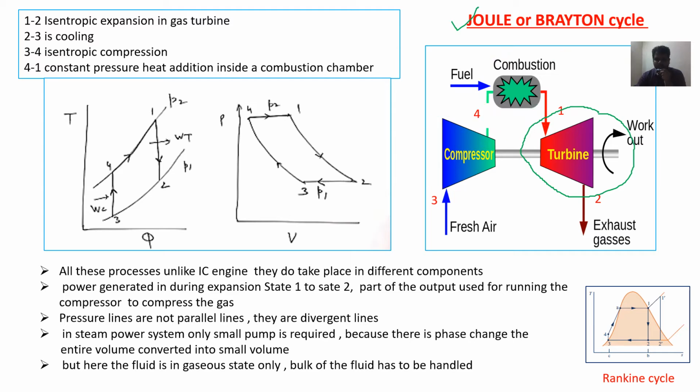As you can see here, the fresh air enters into the compressor. In the compressor, the air gets compressed isentropically between process 3 to 4. So 3 to 4 is the isentropic compression process.